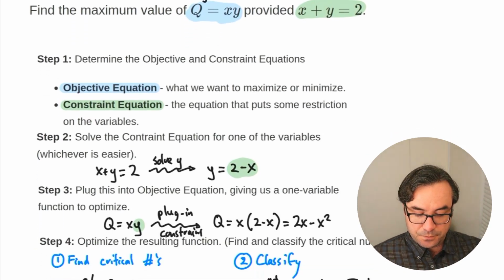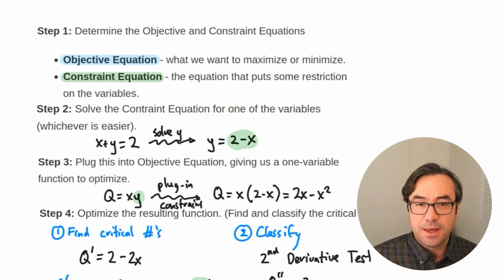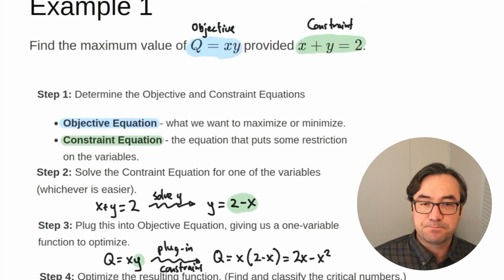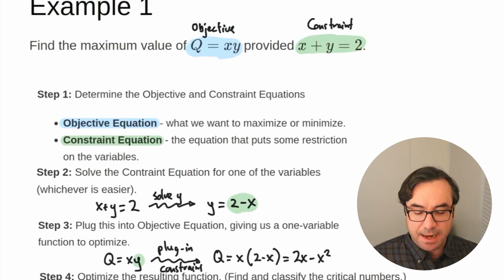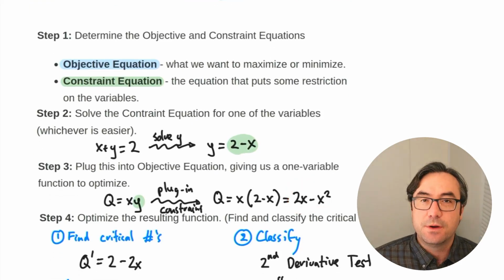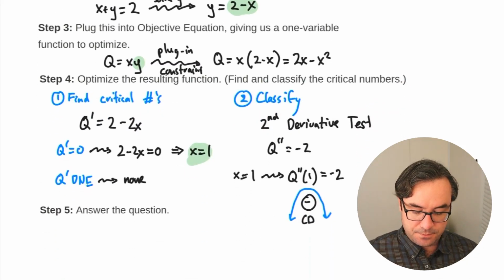So we could go back and figure out what y is when x is equal to 1. And then once we have x and y, we could then plug both of them into that function. But to kind of save a step, we also have this one variable version of q that we could just plug into as well. So let's do that.